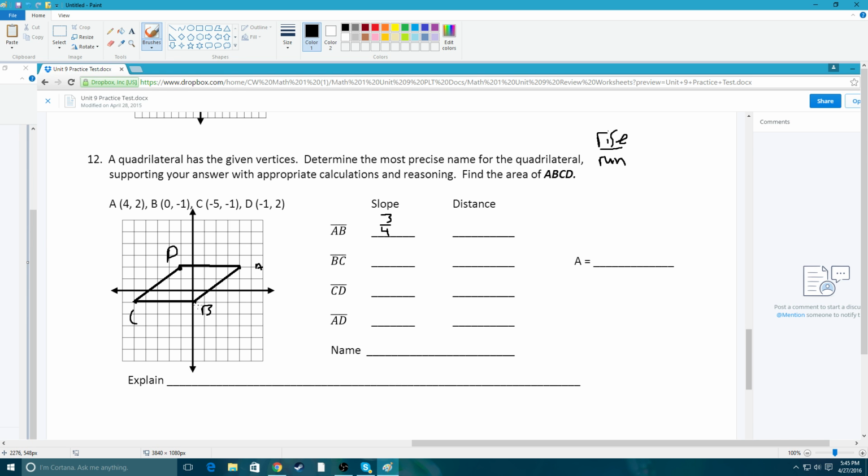For B to C, well, that was like up 0 over 1, 2, 3, 4, 5. 0 divided by 5 is 0. CD is up 1, 2, 3, 1, 2, 3, 4. Up 3 over 4. And AD also has a 0 slope. So the opposite sides are parallel. That's good.